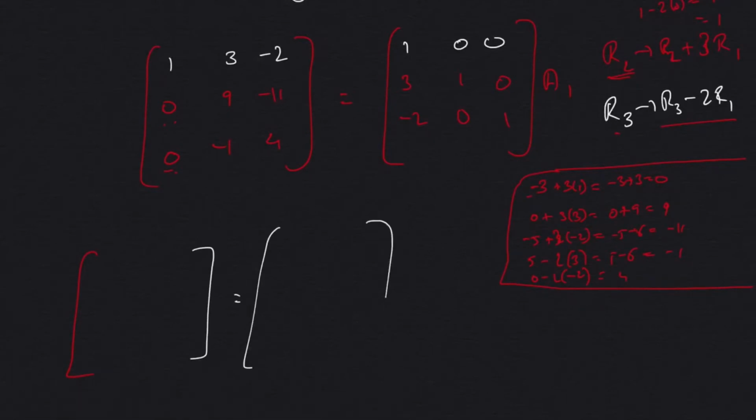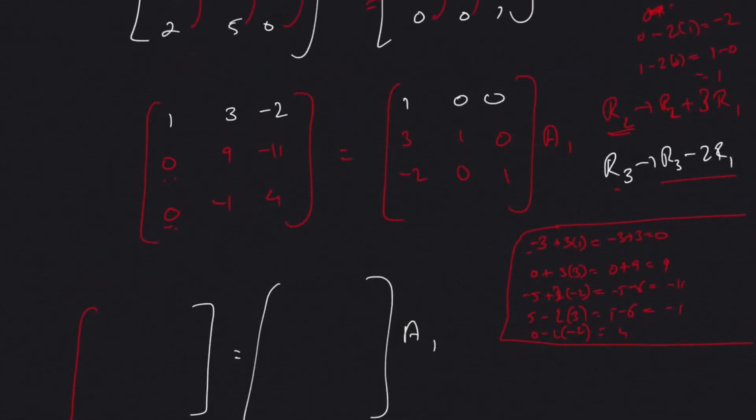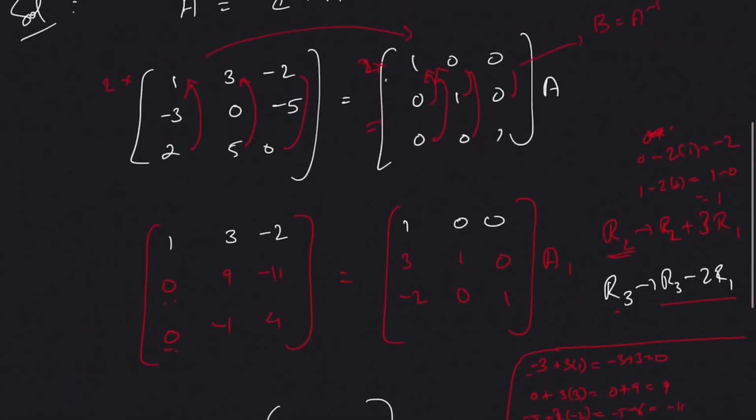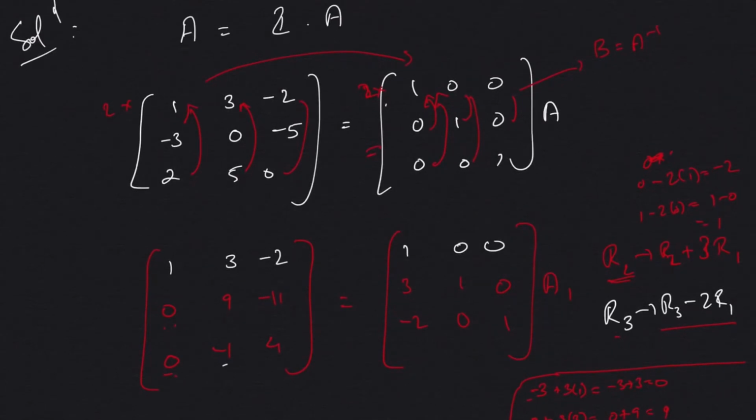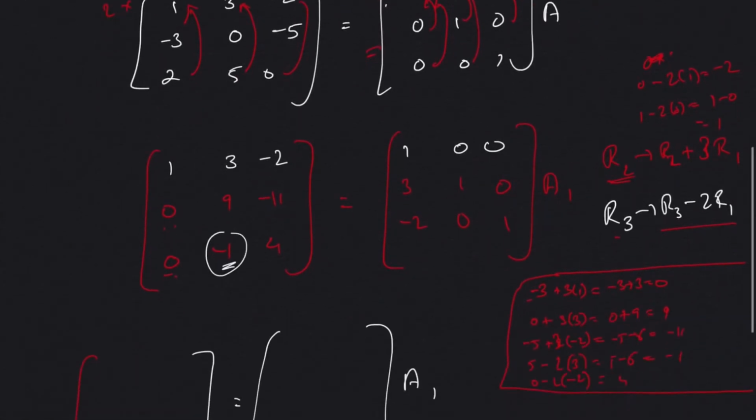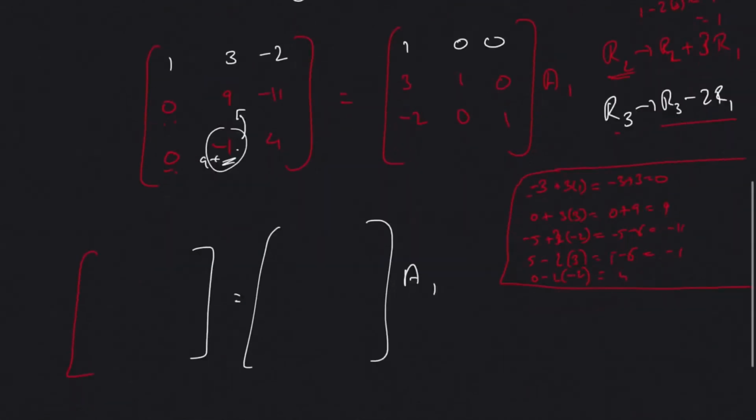Now next operation, what should we apply? We can see that the more zeros you have in all the non-diagonal elements, the better for you. So maybe I'll just convert this to 0, because minus 1, if I multiply this by 9 and add it with the second row, I'll get that 0.